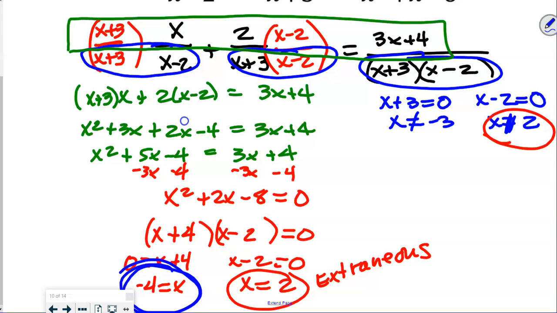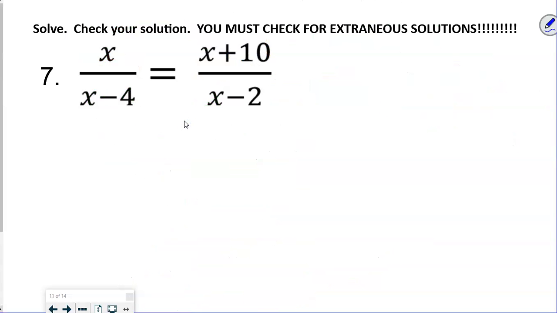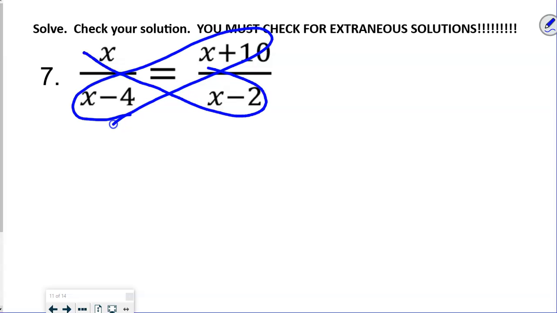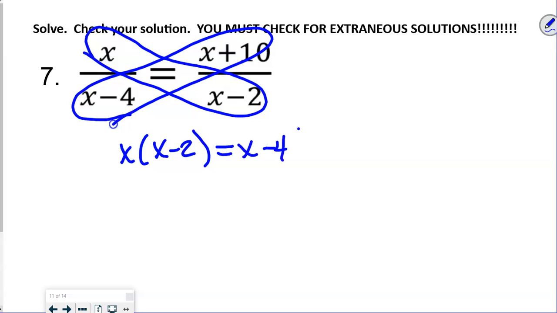Okay? So this last concept takes us back to probably late elementary school, early middle school, when you guys were cross multiplying here. When you got an equal sign in two fractions, this is how we solve, right? So we're going to do x times x minus 2, and that's equal to x minus 4 times x plus 10.